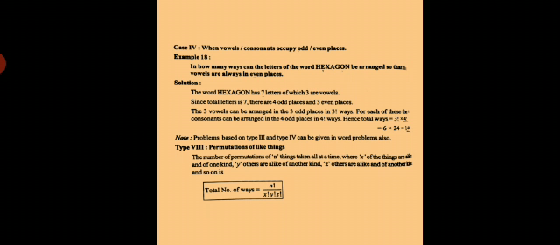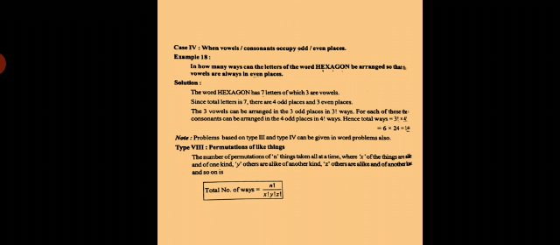The word HEXAGON has 7 letters. In that, 3 are vowels. They are E, A and O. These 3 alphabets are vowels. Since the total letters is 7, there are 4 odd places and 3 even places.